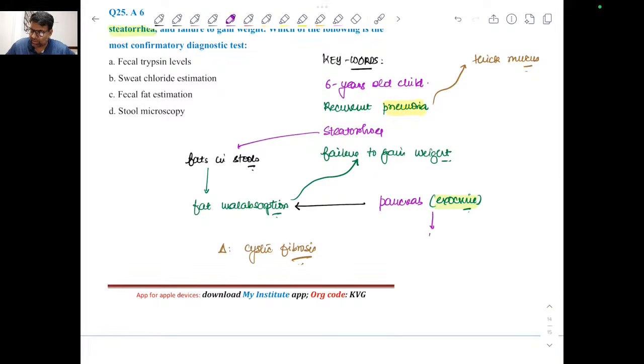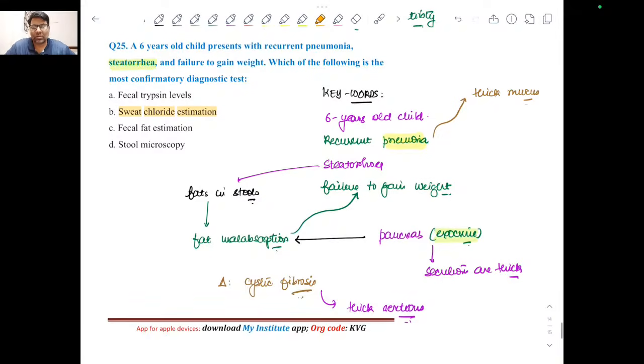So here also the secretions are thick. Clear? So the classical pathology is thick secretions. Therefore the child is having recurrent pneumonia, he is having steatorrhea, right? So this is cystic fibrosis. And for cystic fibrosis, we can go for estimation of sweat chloride, right? So this is how you should approach this kind of question.